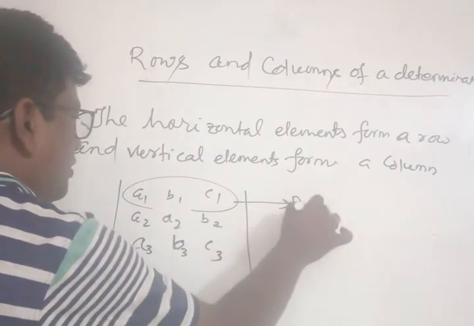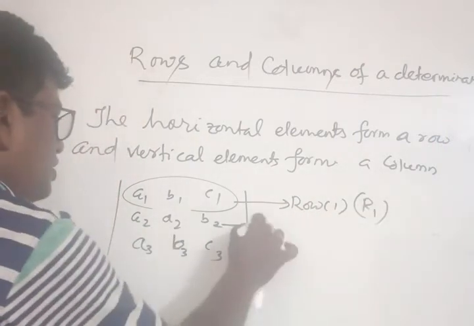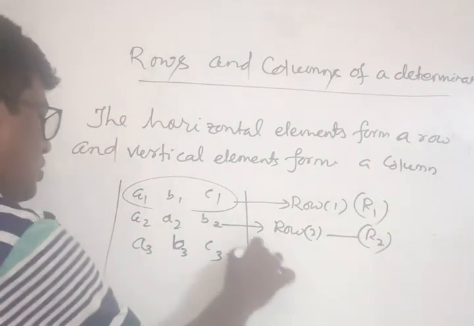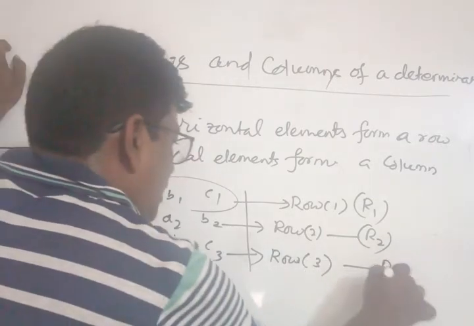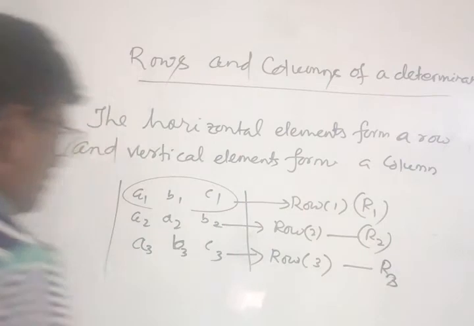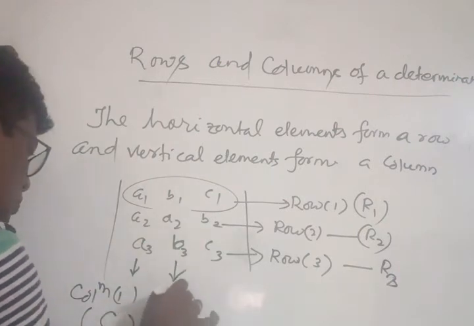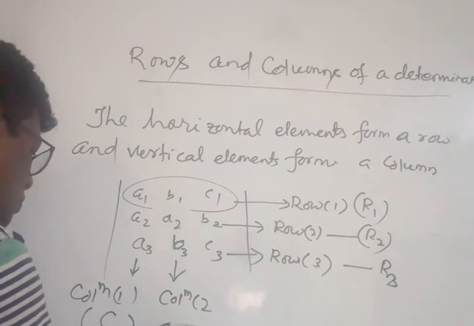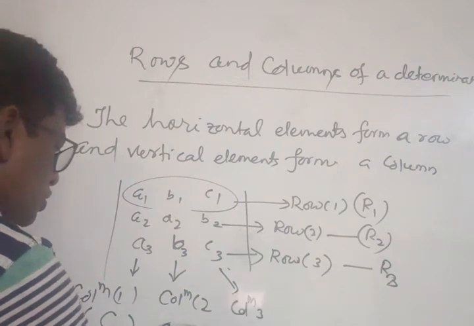This is row 1 denoted by R1, this is row 2 denoted by R2, and this is row 3 denoted by R3, and this is column 1 denoted by C1, this is column 2 denoted by C2, and this is column 3 denoted by C3. Clear?